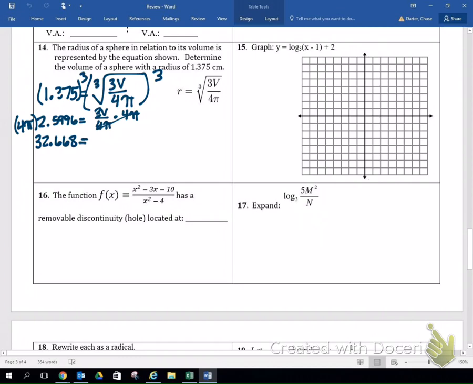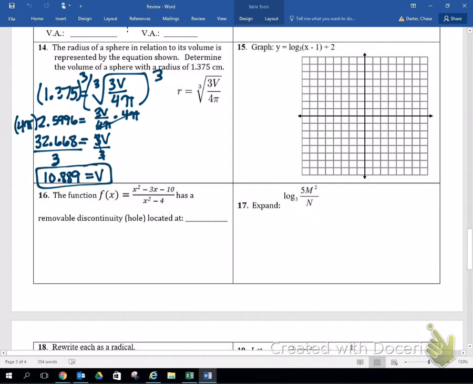I guess I'm not really following significant figure rules, but we'll just keep 3 decimal places. So it's equal to 3V. Again, if we want to get V by itself, now we got to divide by 3. So V equals roughly 10.889.